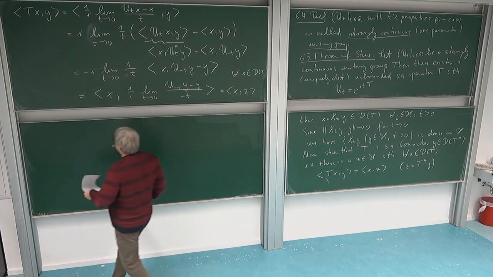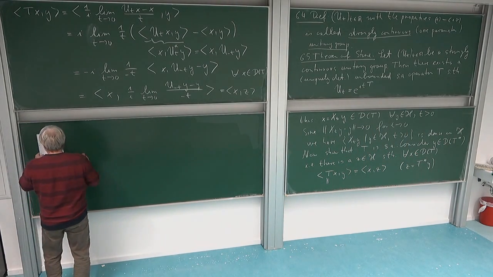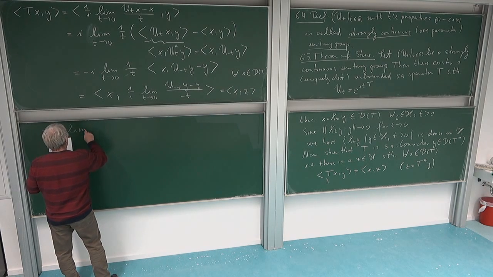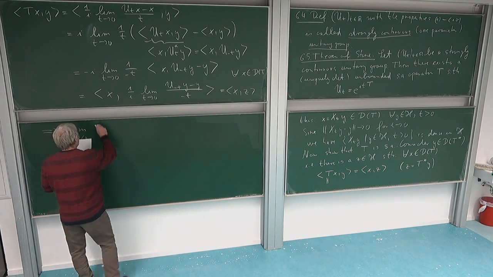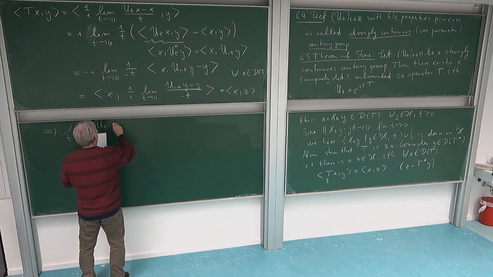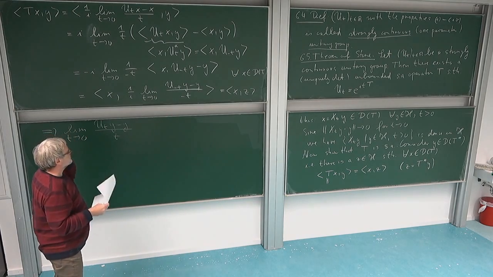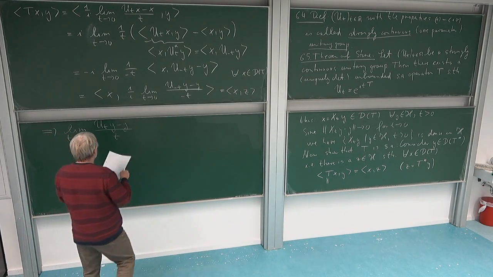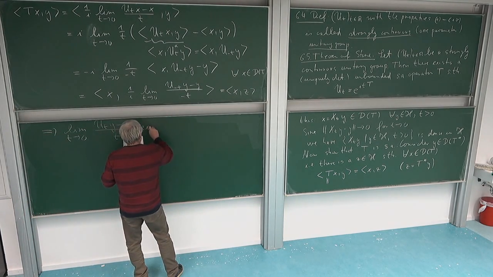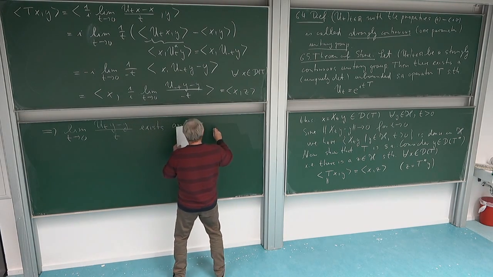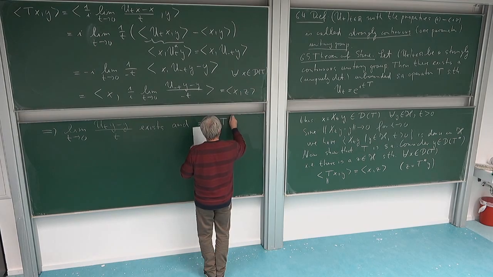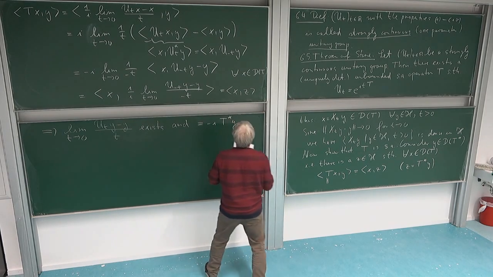So the implication of this, or what we have shown, is that for this y, this limit t going to 0 of ut y minus y divided by t, now I just, instead of minus t, I'm writing t. For the limit, this doesn't make a difference. This exists, and actually this limit is equal to minus I t star applied to y.